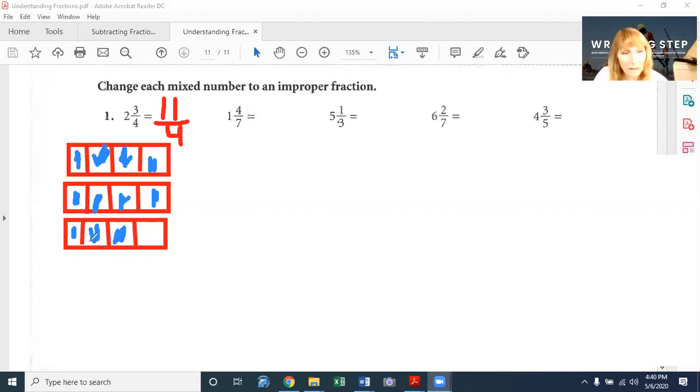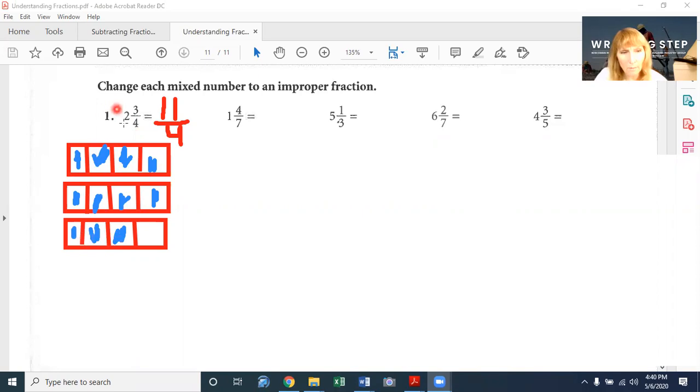So now, here's the mathematical way of doing it. If you look at it, we have pizzas cut into fourths right here, and we have 2 wholes. So that's 2 whole pizzas times 4, right? So 2 times the bottom number, 4, is 8, plus the leftovers on the third pizza, 3 more.